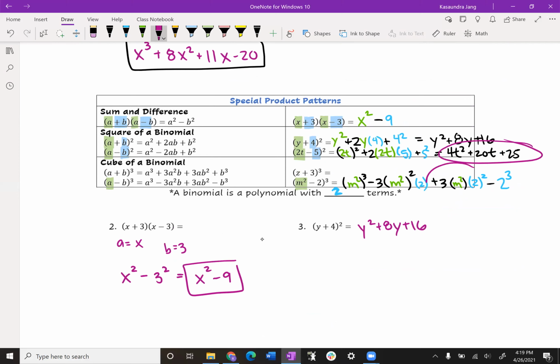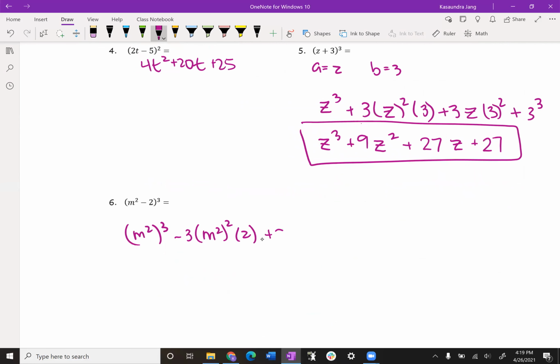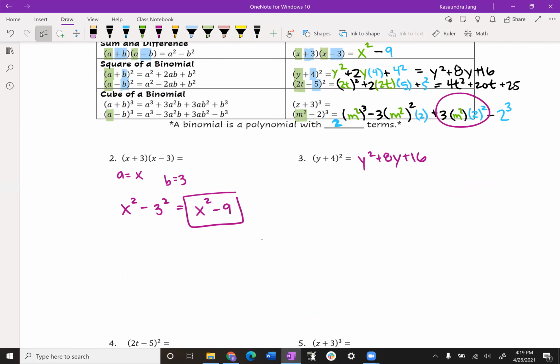Okay, next one was a 3 times m squared. This was not raised to another exponent. It was just straight up m squared. 3m squared and then 2 squared. All right, and then the last piece that I have here is the minus 2 cubed.